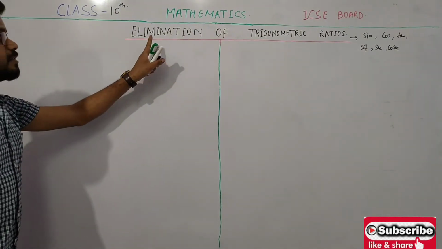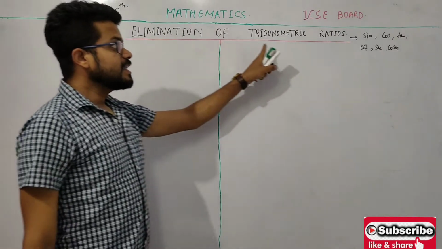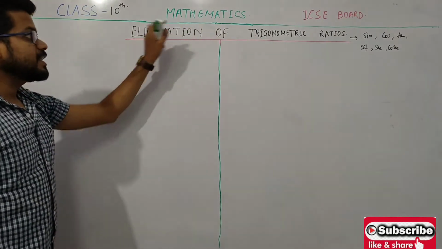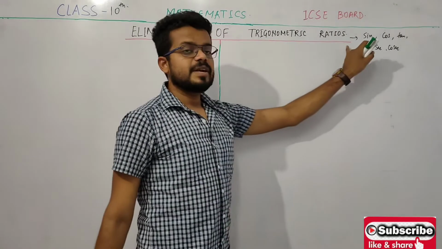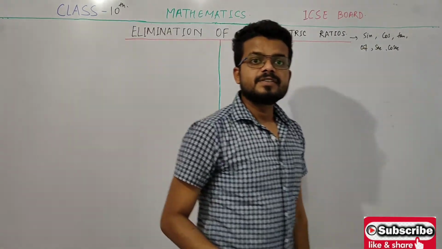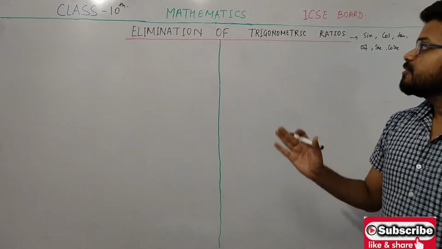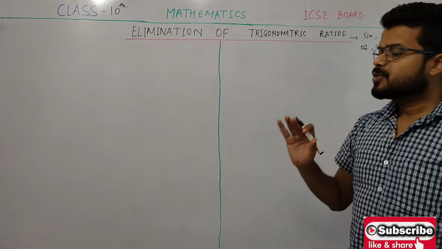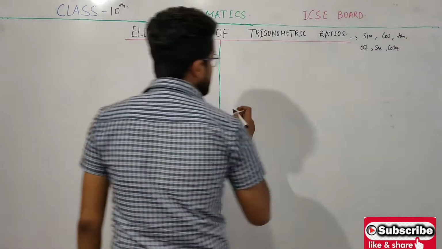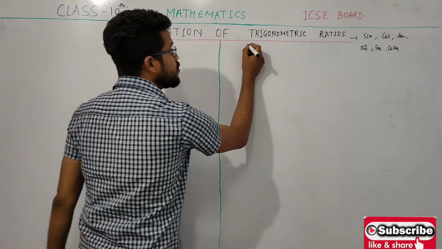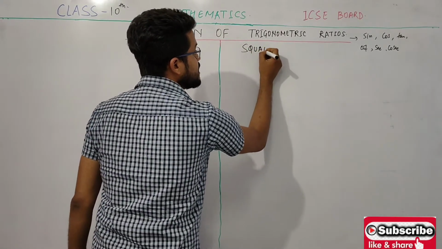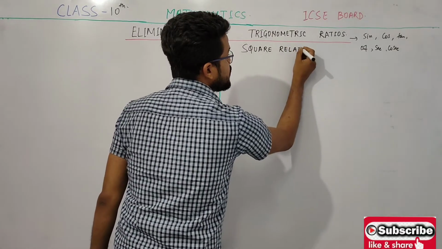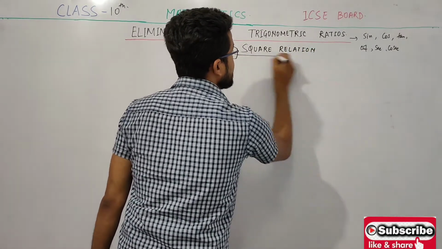In the question we try to eliminate these trigonometric ratios by using the relations which we have already learned in the previous classes. Basically we focus on the square relations to eliminate these trigonometric ratios.